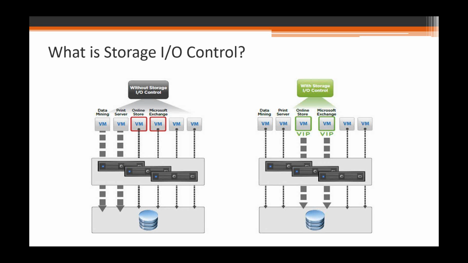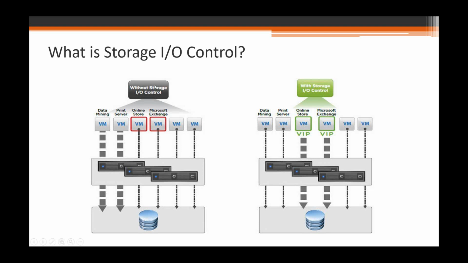So what we see on the screen here on the left side is what happens when we don't have Storage I/O Control. Now think about the situation that you have multiple VMs working for multiple servers. All these physical ESXi servers need to be managed by a single vCenter, but they're basically accessing a single, let's say, VMFS in this case.